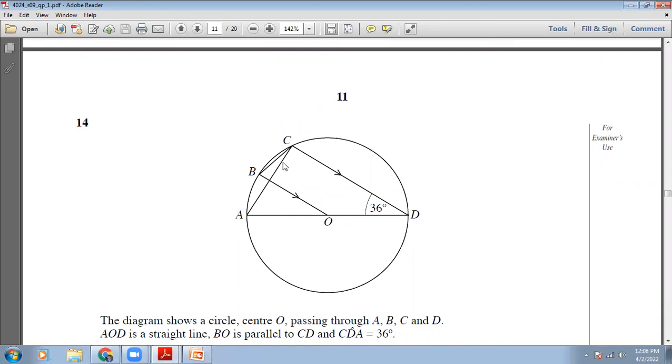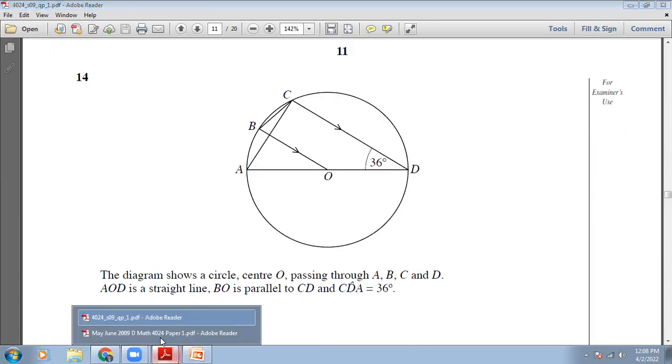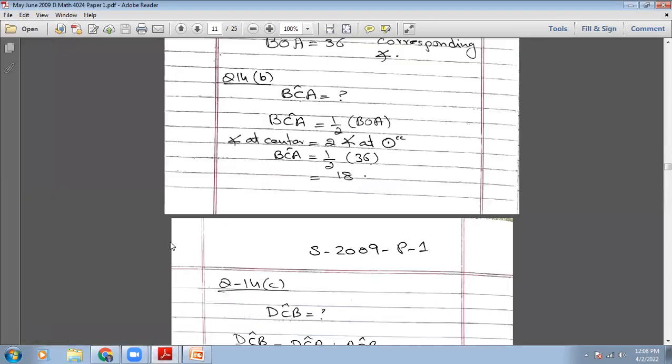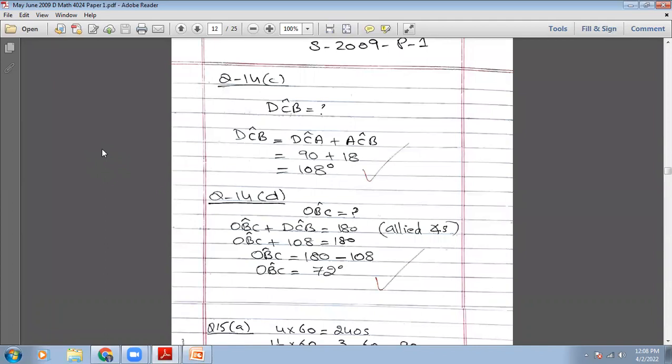This angle is 18 and this angle is 90, so just add them. DCB will be equal to DCA plus ACB. DCA is 90 and the angle we just found is 18. So 108 will be the answer.